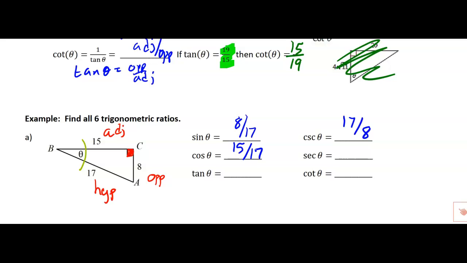Secant, here's cosine, here's secant. So what is secant? There you go. What is tangent then? What two sides is tangent? Okay, there's 8 over 15. So then what's cotangent?